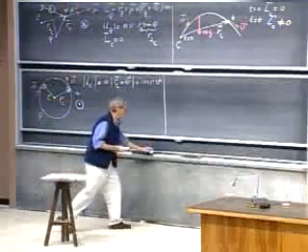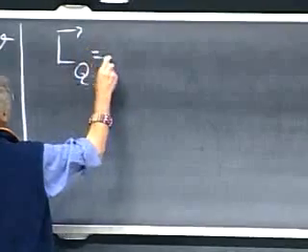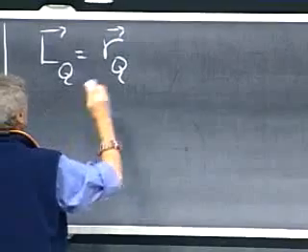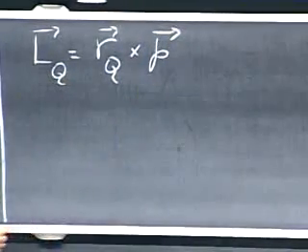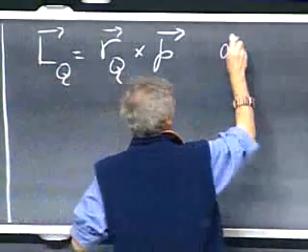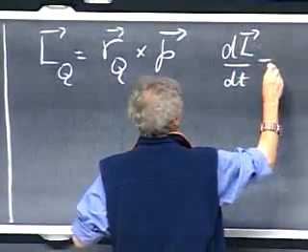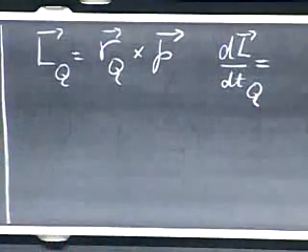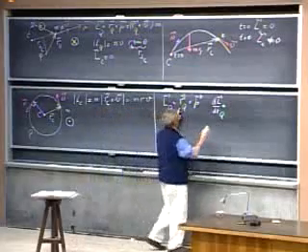I take the angular momentum and I choose a point Q, and I know that the definition is position vector relative to point Q cross p. I take the time derivative, dL/dt, relative to that point Q. It's always important that you state which point you have chosen, relative to which you take the angular momentum.